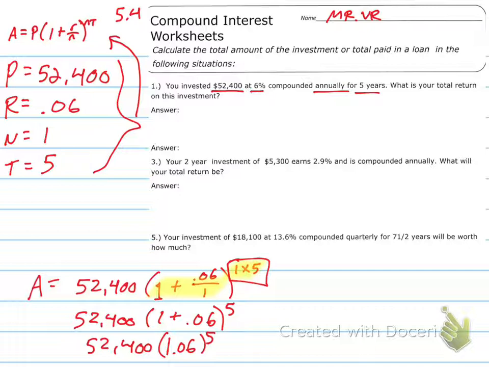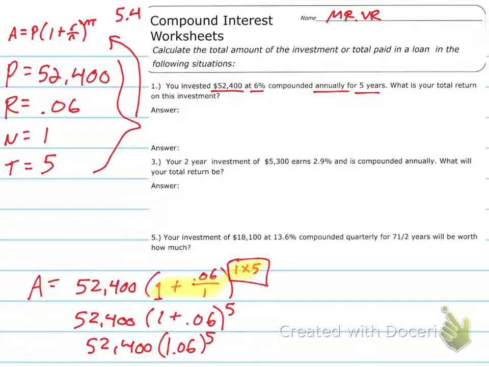I like to do one thing at a time. So what I'm going to do is 1.06 to the 5th power. Okay, and you're going to get a pretty long decimal there. But then take that times 52,400.